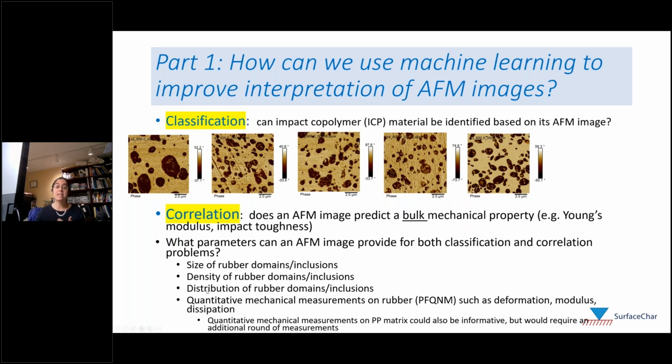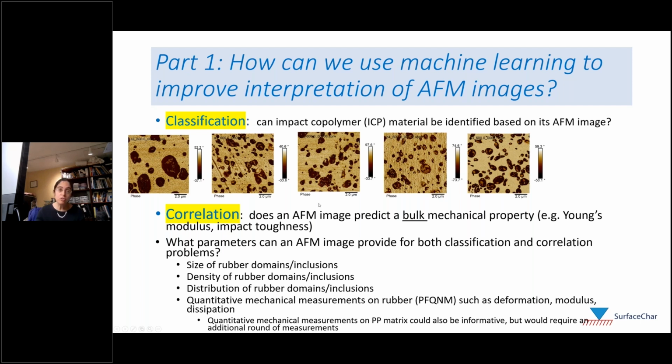And then later we added another dimension of a quantitative mechanical measurement, so that we added in PF-QNM, where we can now quantitatively measure the deformation, the modulus, and the dissipation. Just a note, all our quantitative measurements for this study were focused on the rubber domains.